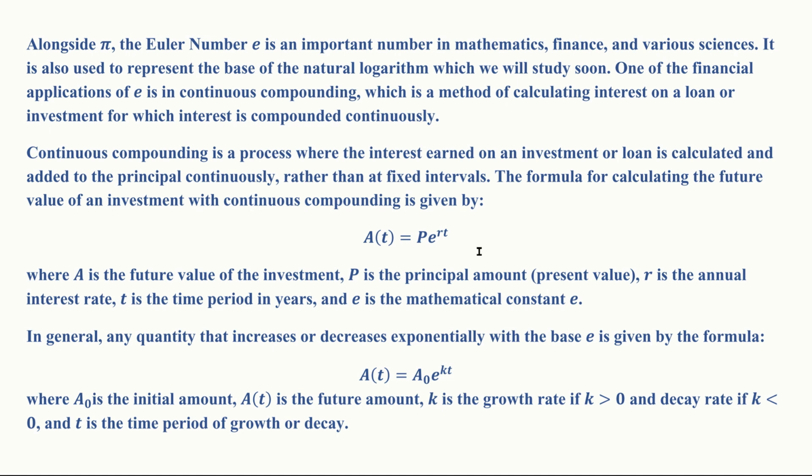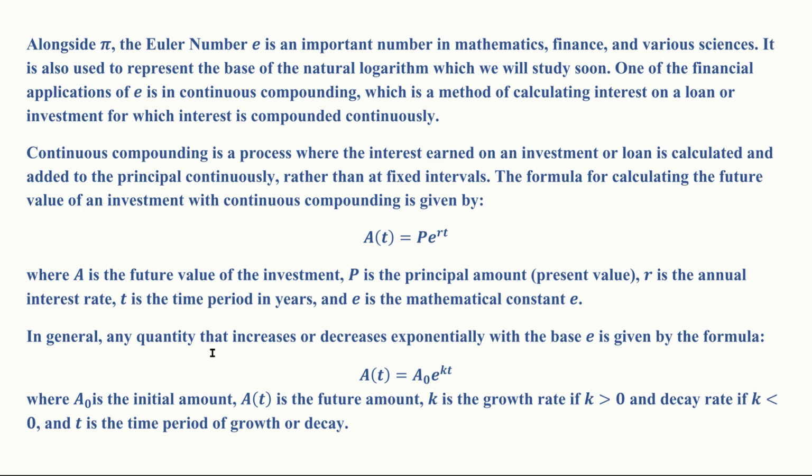I don't think it's quite as popular as it used to be. Where A is the future value of the investment, and P is the principal amount or the present value, r is the annual interest rate, and t is the time period in years. e is, of course, the mathematical constant we just learned about, the Euler number.